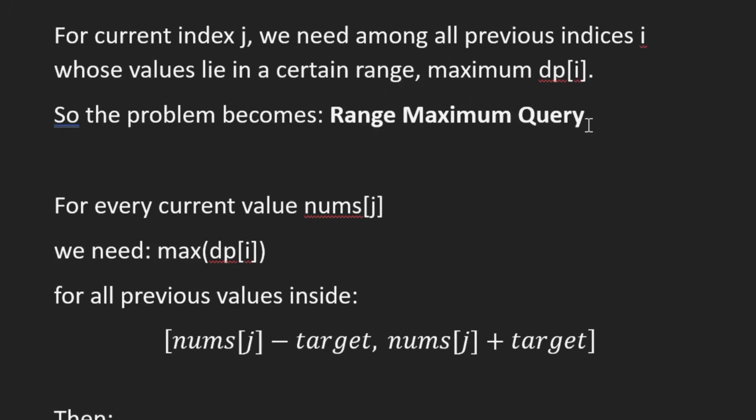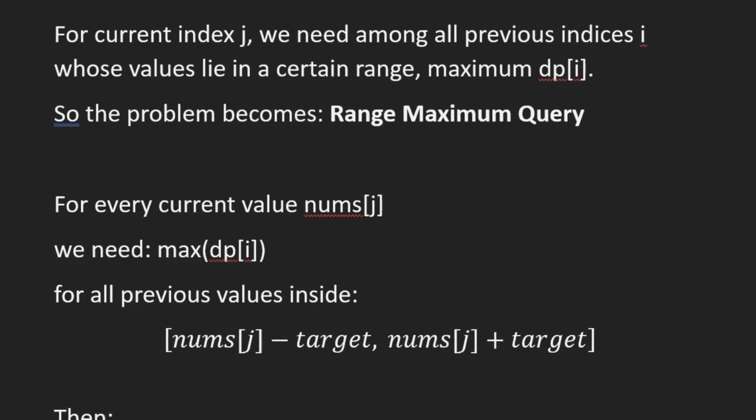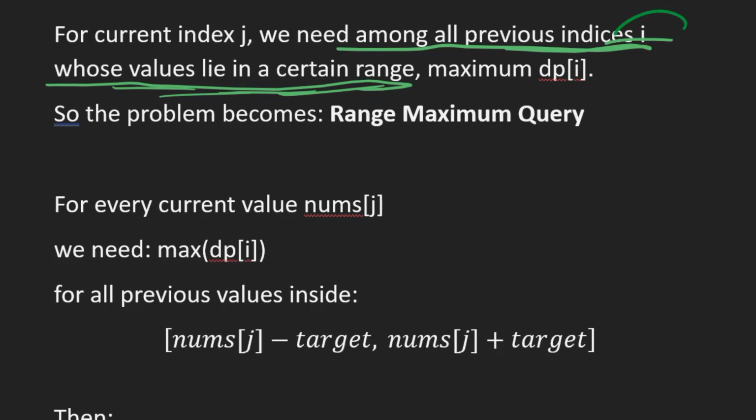So for the current index j, among all previous indexes we need those whose values lie in that particular range, and which also gives us the maximum value of the dp.